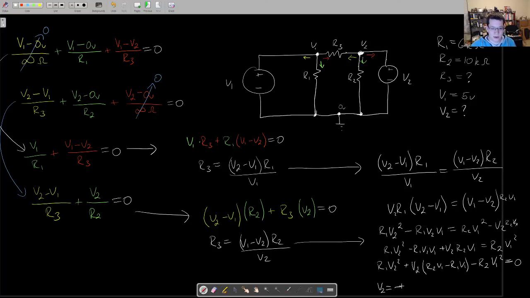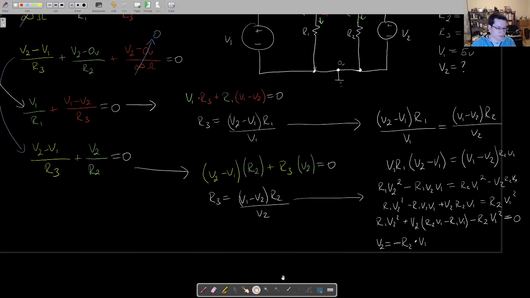Negative R2 times V1 divided by R1 over V2 equals V1.